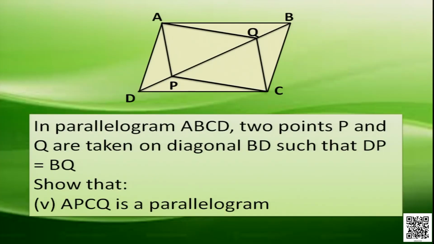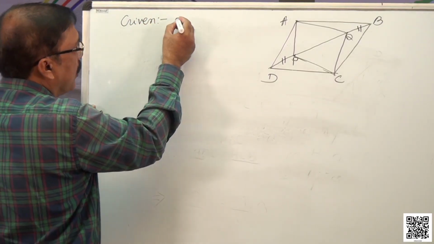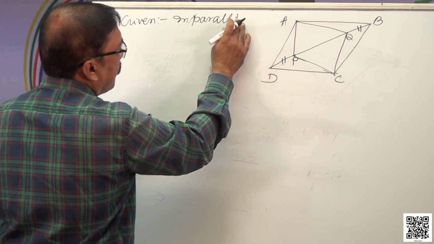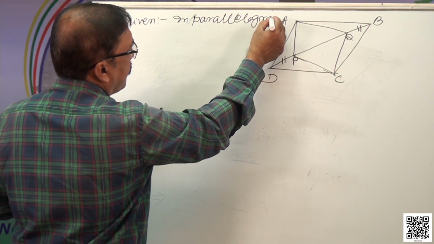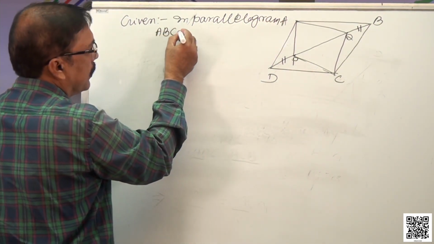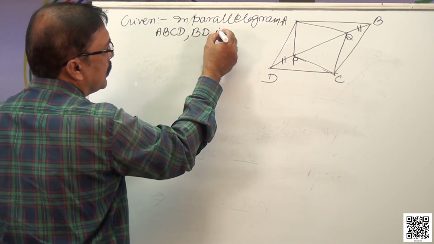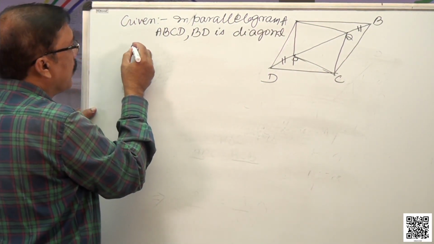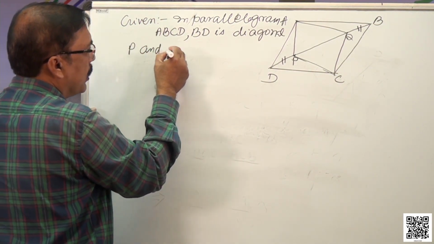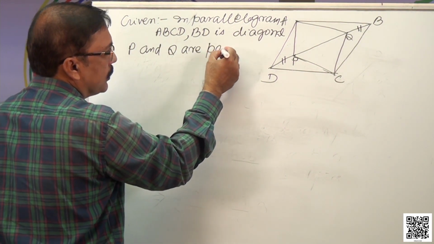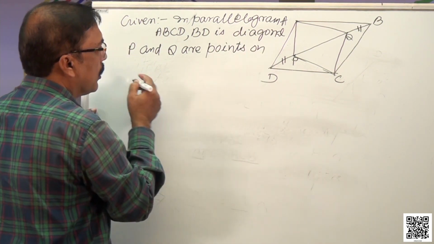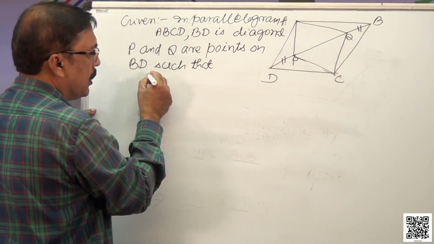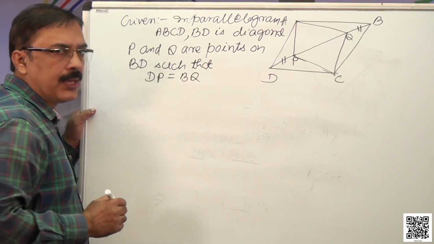We have to show that APCQ is a parallelogram. So here it is as given: in parallelogram ABCD, BD is diagonal and P and Q are points on BD such that DP is equal to BQ.